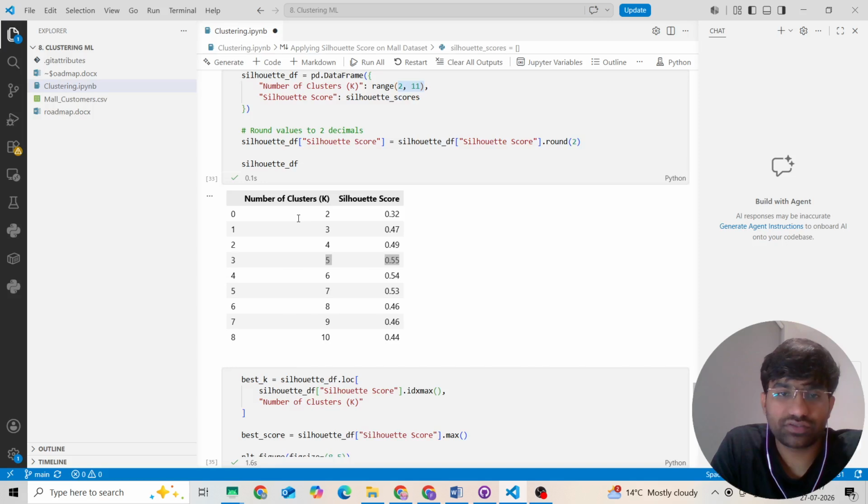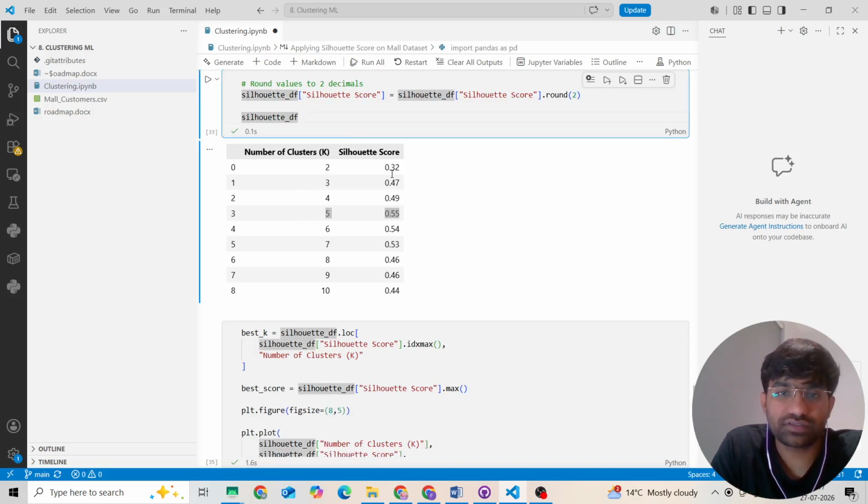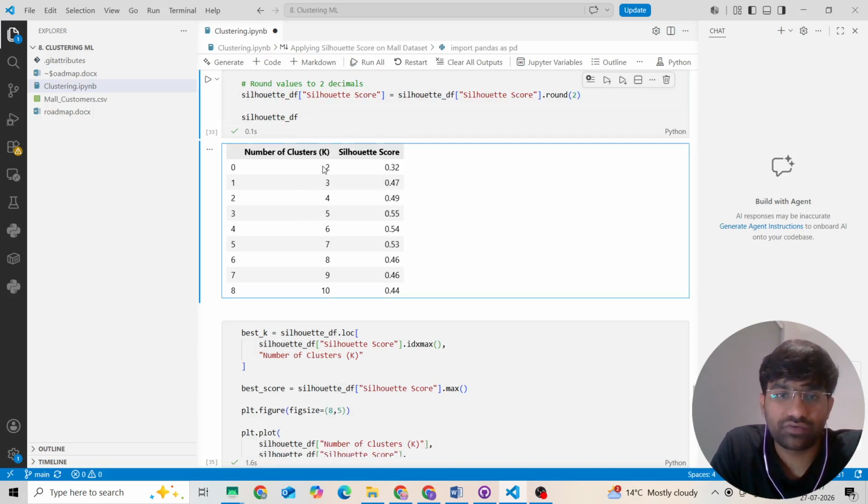If you see the Silhouette score after calculation, for k equal to 2 the Silhouette score is 0.32. For k equal to 3, it has increased to 0.47. K equal to 4, 0.49, and for k equal to 5, the Silhouette score is 0.55.